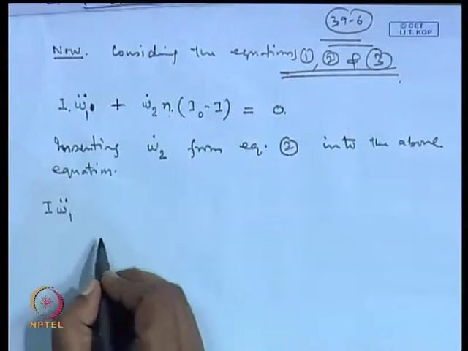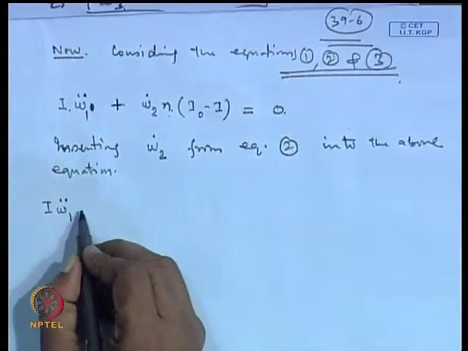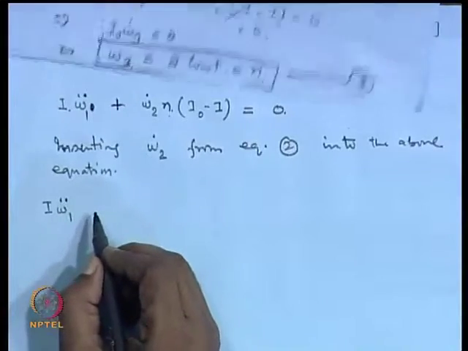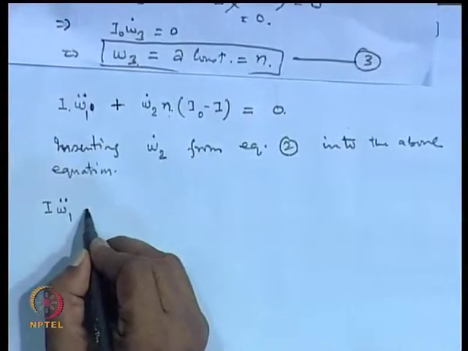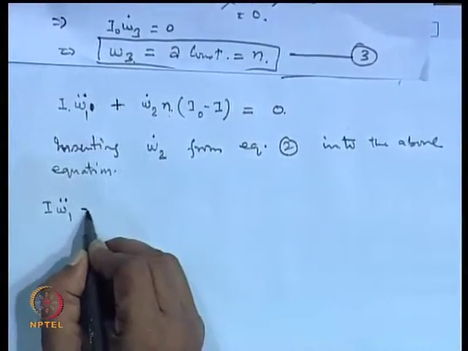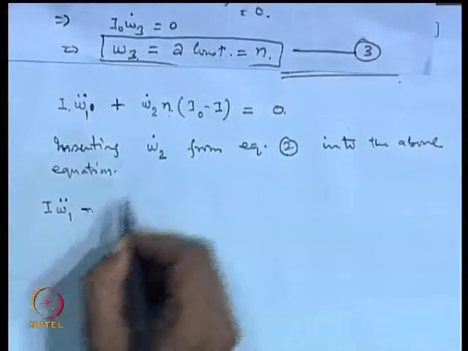I times omega 1 double dot, and omega 2 dot we need to replace, so it will appear with a minus sign here.